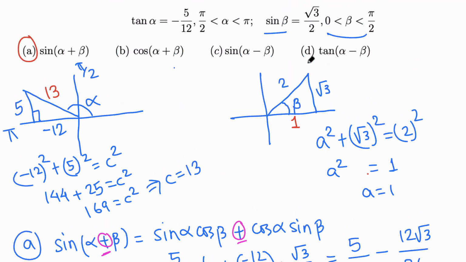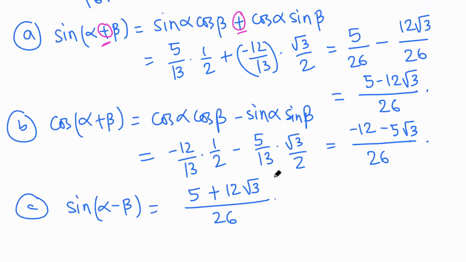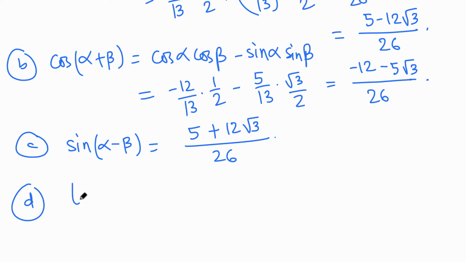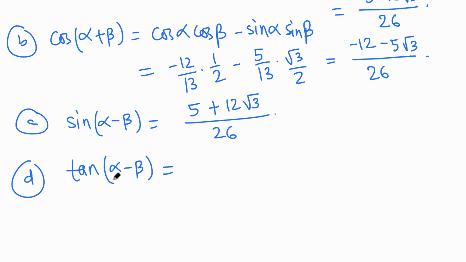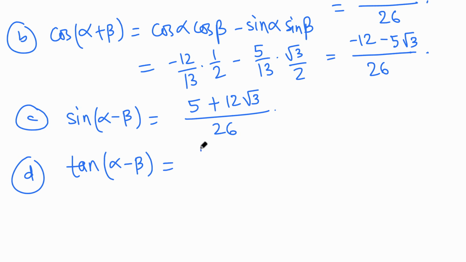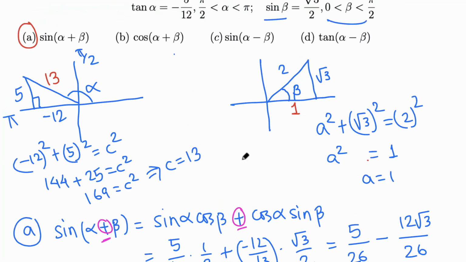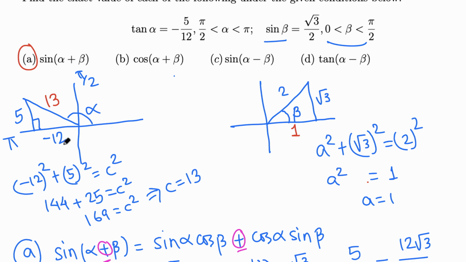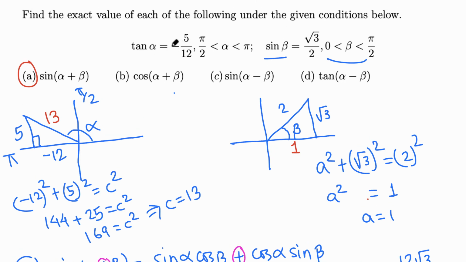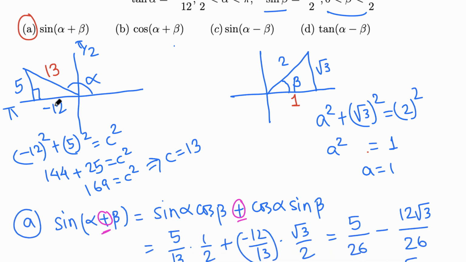And part D is tangent alpha minus beta. Look at the formula for tangent difference of angles. That is tangent alpha minus tangent beta all over 1 plus tangent alpha tangent beta. So tangent alpha, from this triangle, in fact tangent alpha was given -5/12, 5 over -12.